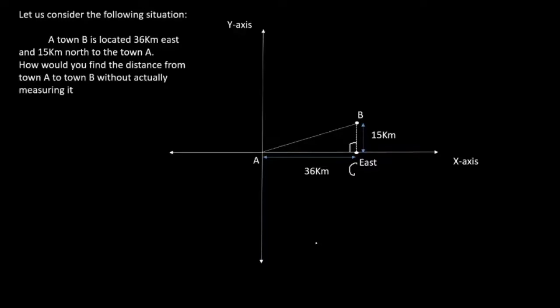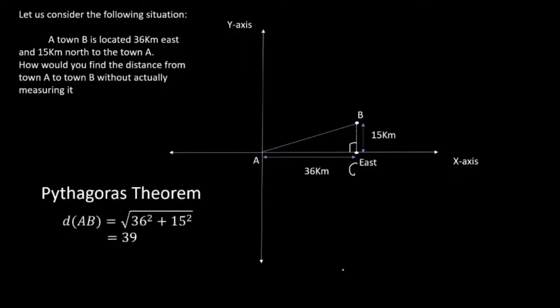So AB square is equal to AC square plus CB square, and taking the square root, by the Pythagoras theorem the distance AB is equal to the square root of 36 square plus 15 square, which is equal to 39.